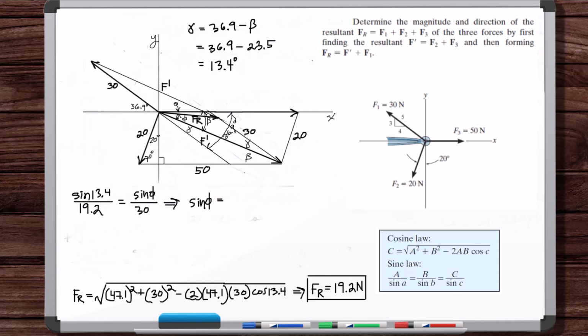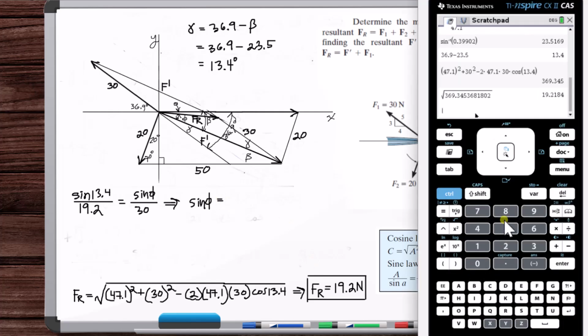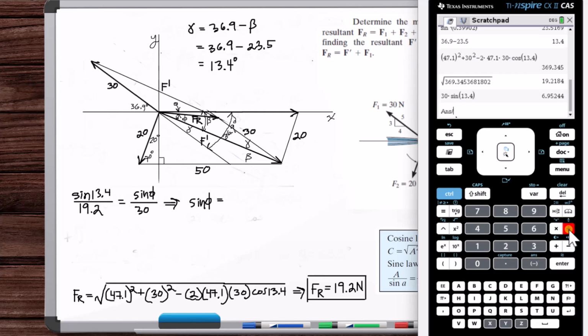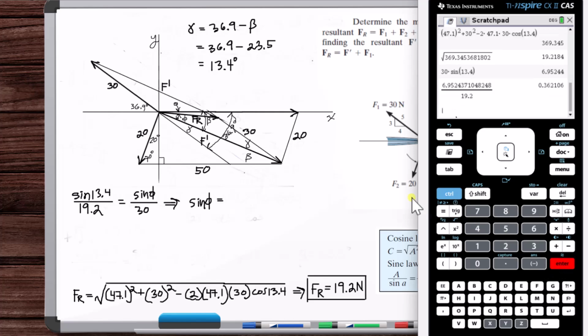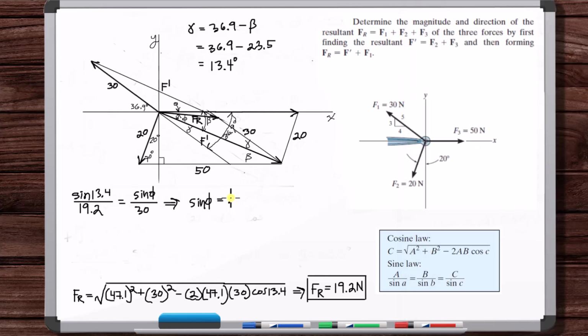So sine of psi is equal to 0.362106. So psi is equal to 21.2 degrees.